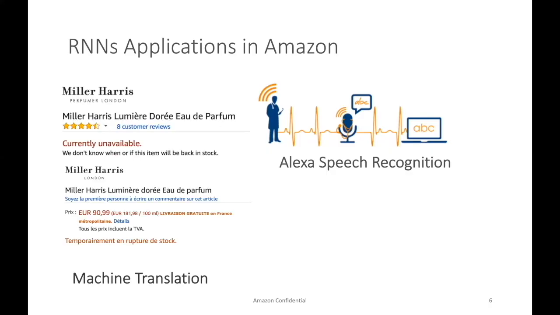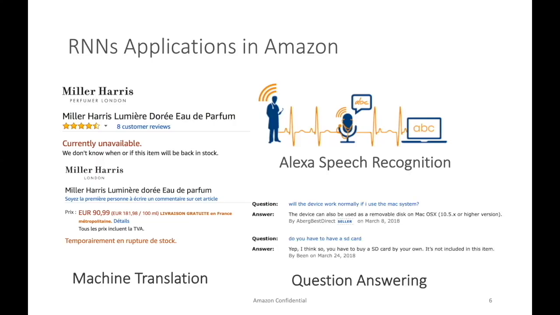Similarly, machine translation, wherein Google Translate or Amazon translates a page written in English into a different language. All those are machine translation, which also depends on RNNs. There are a lot of applications of RNNs. Question answering is also an application: if you have a question, an automated RNN can read the question and then answer it based on the product details.